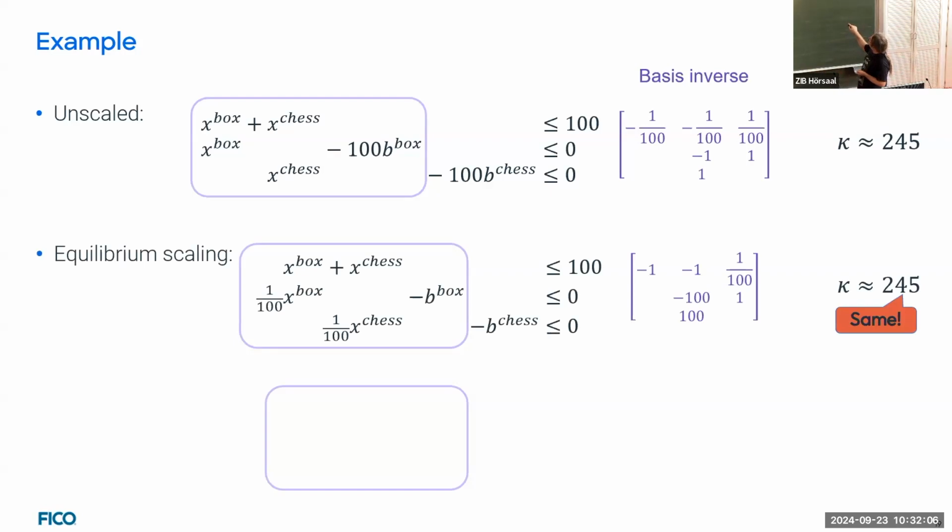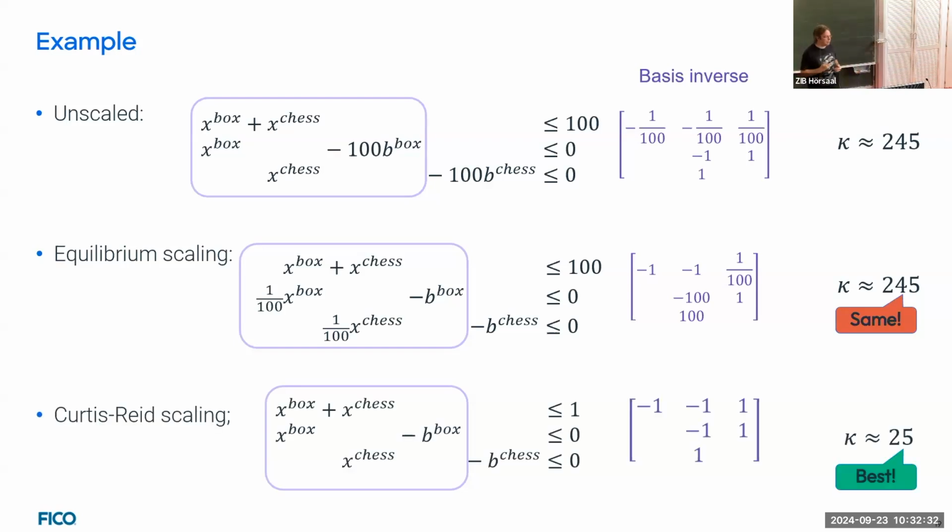So we divide both of the rows by 100. And then we divide by the largest column factor. That's already 1. Good. So we actually reached the fixed point of that method just after one iteration. And you see that the basis inverse is different because this matrix is different. This is also a different matrix, but it would lead to the same condition number.